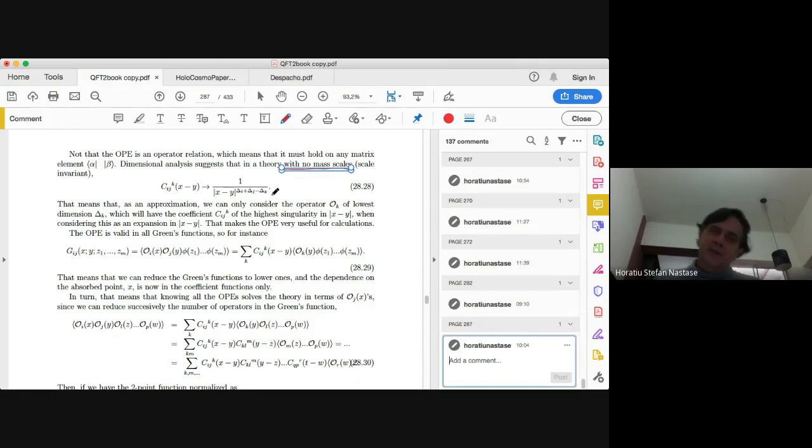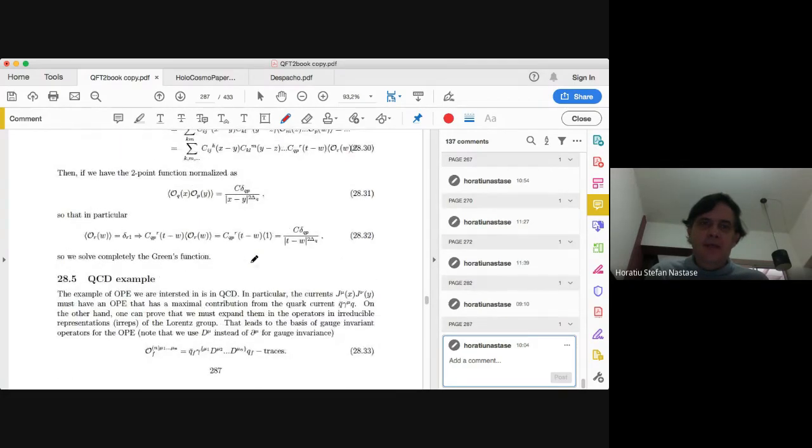But of course, if x minus y is small enough, then m times x minus y is much less than 1, which means the mass can be ignored. Another way of saying it is that if you are at energies much higher than the mass scales in the theory, it's as if you don't have mass scales. And then you can write this, okay?